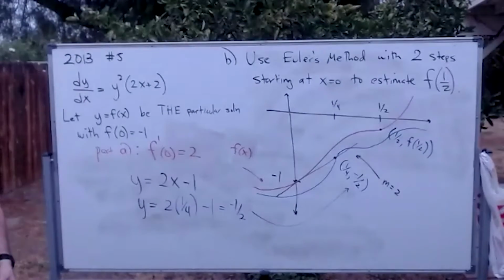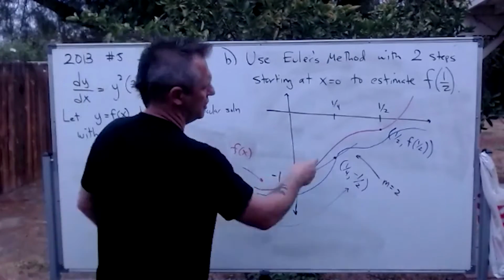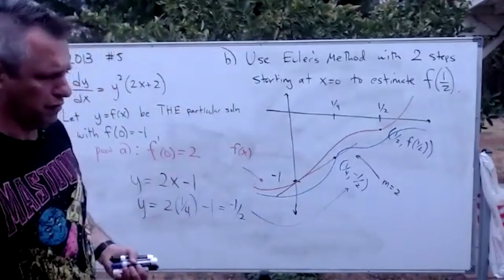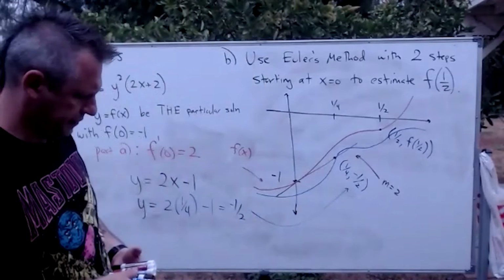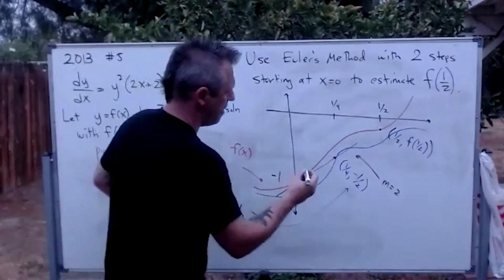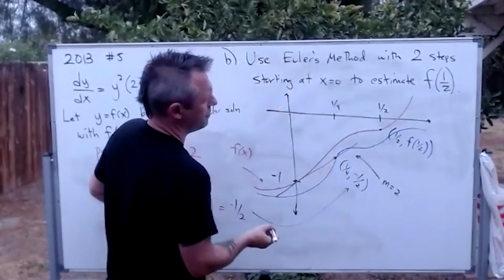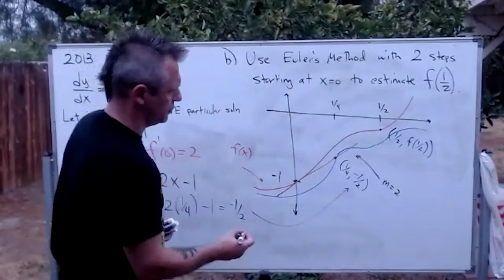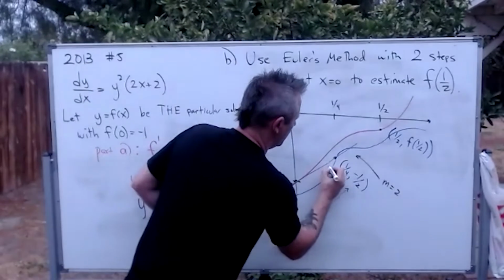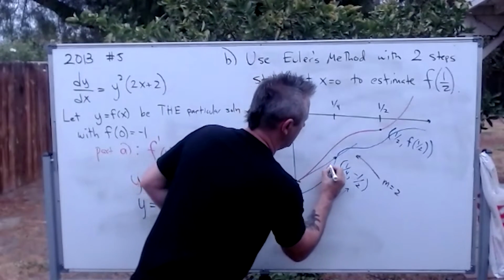Who knows? We're now going to find the tangent line to this curve at this point. So I'm going to draw another brown line right here. The picture is not necessarily drawn to scale. So here is my tangent line.